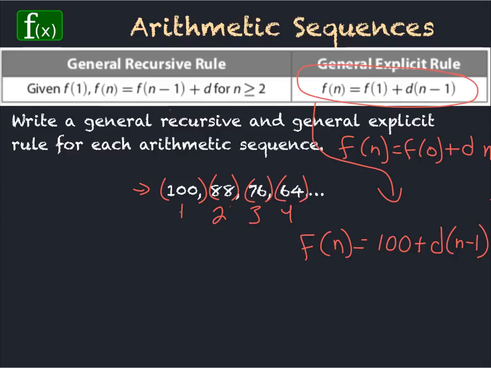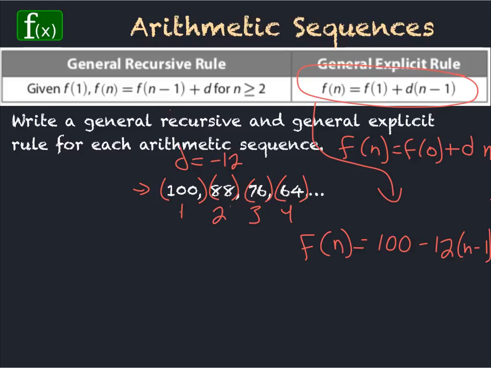For d, we actually have to put in what the common difference is. We got that from our previous recursive example, where your common difference would be -12. So this would actually be 100 minus 12 times n minus 1, right? And that's if you're using what the book gives you.